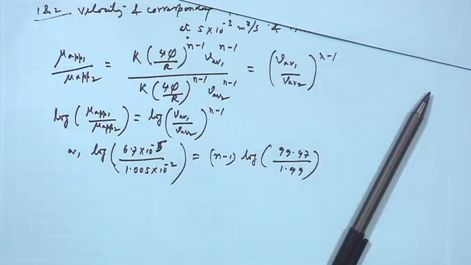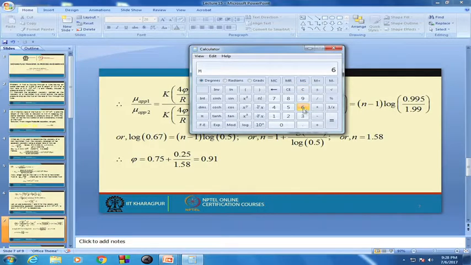So we can say then 6.7 times 10 to the power minus 5 divided by 1.005 times 10 to the power minus 2 is equal to this, right.